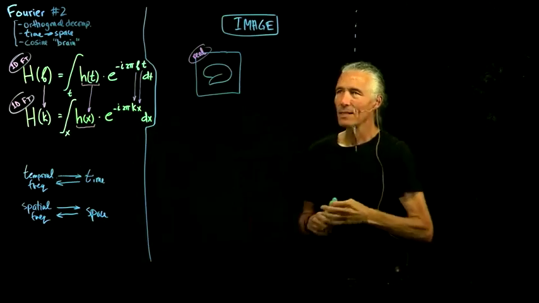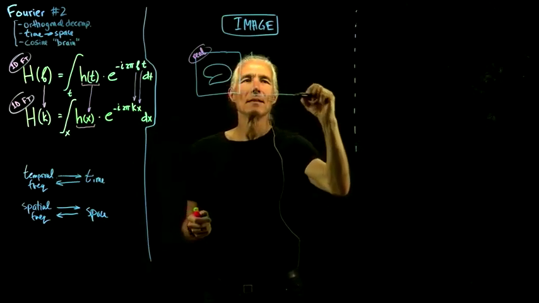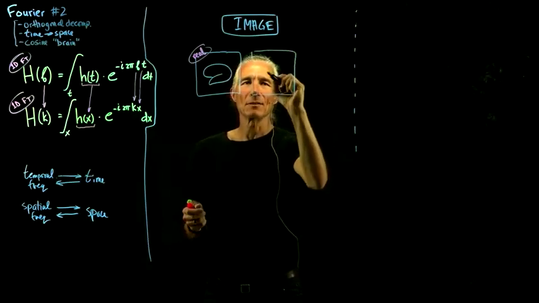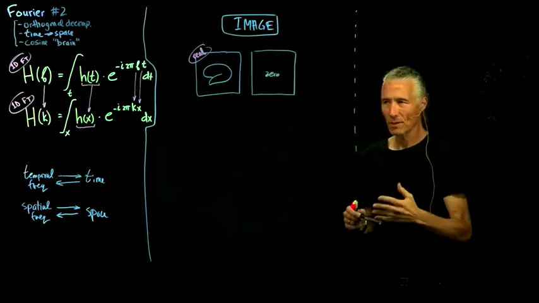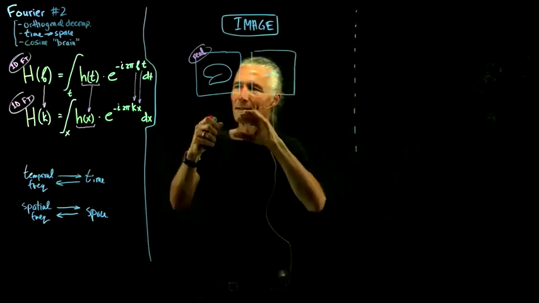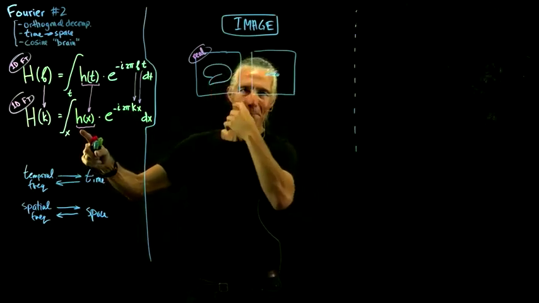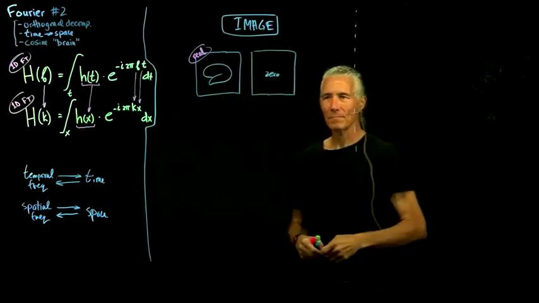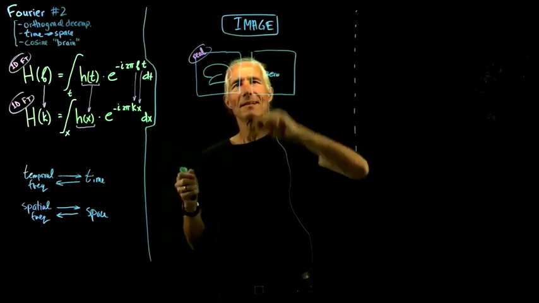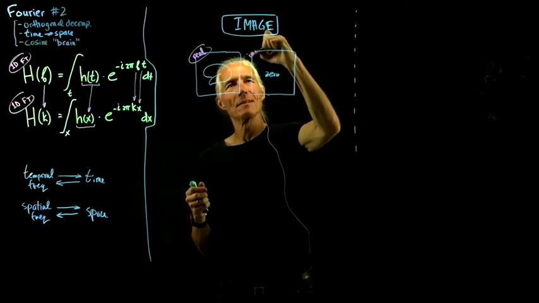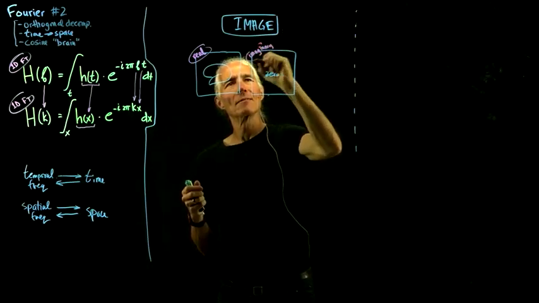And what is the imaginary value of the image? Well, it's all 0. But we're forced to insert a complex number for our Fourier transform. So that's the imaginary part of the image, which is all 0.